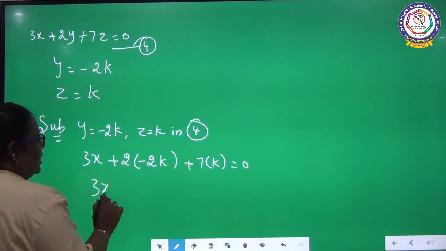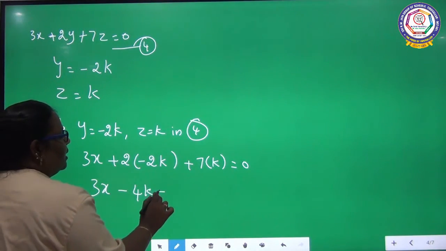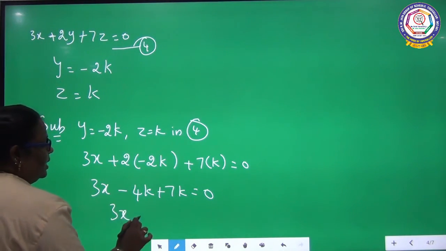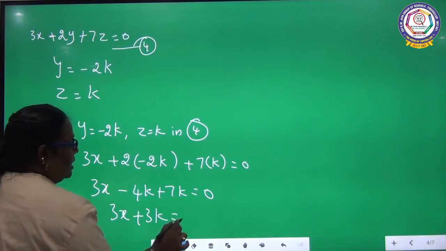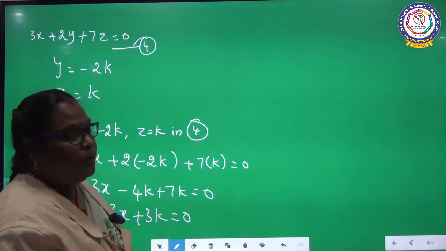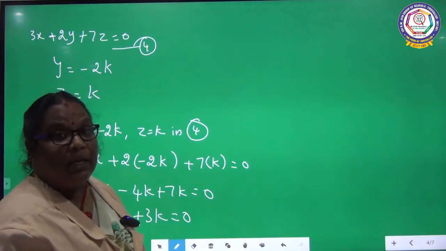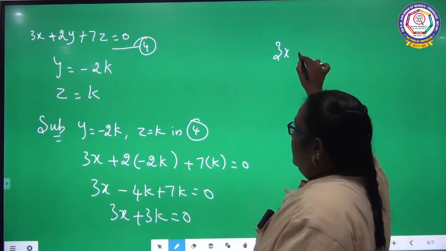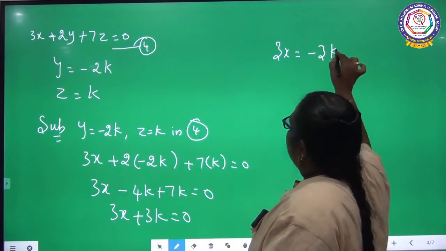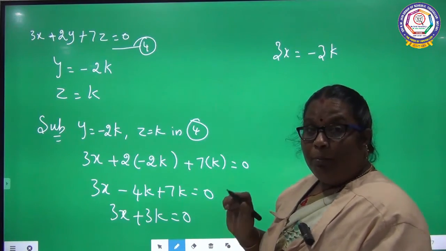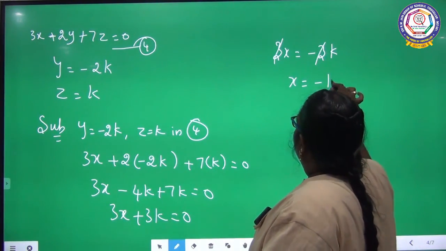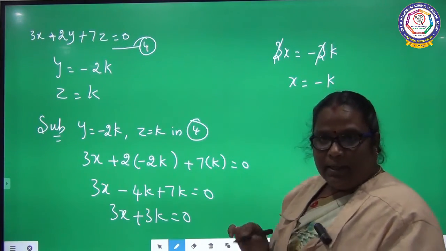So 3x minus 4k plus 7k equal to 0. 7k minus 4k is 3k, so 3x plus 3k equal to 0. 3x equal to minus 3k. The 3 gets cancelled. X equal to minus k.